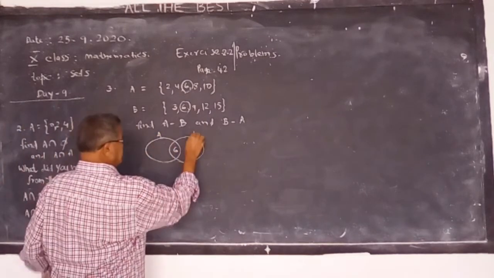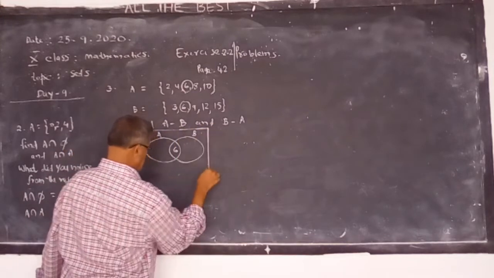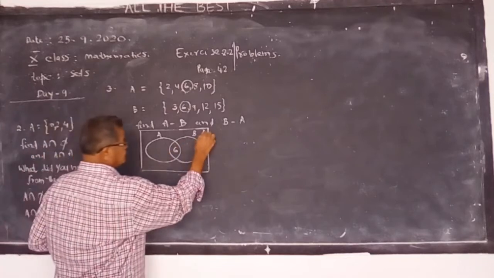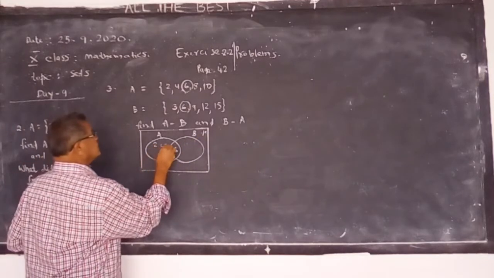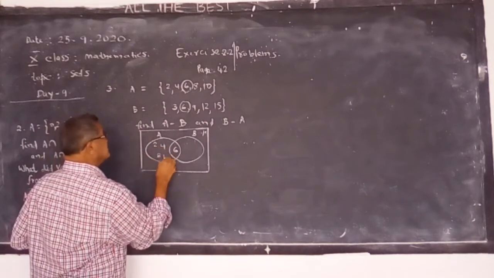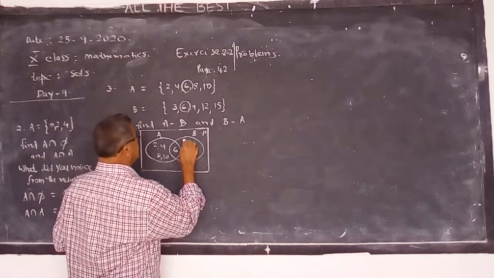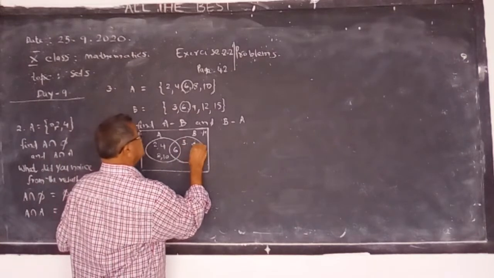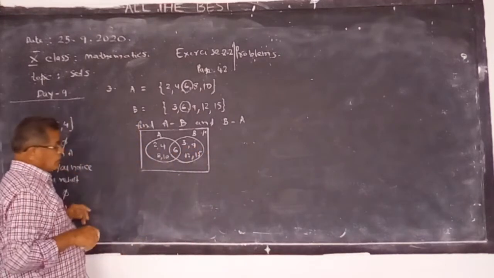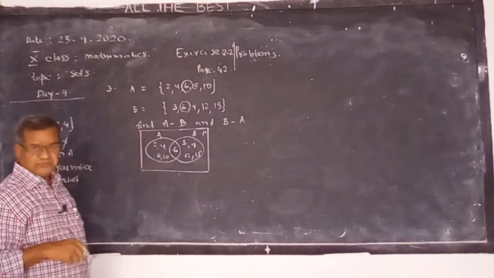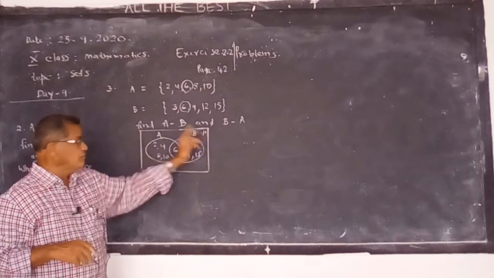In A only, 2, 4, 8, 10, and in B only, 3, 9, 12, 15. Now this is the Venn diagram. The whole rectangle is the universal set.